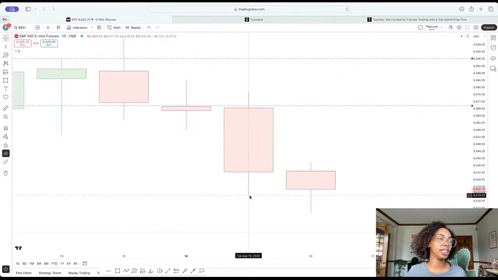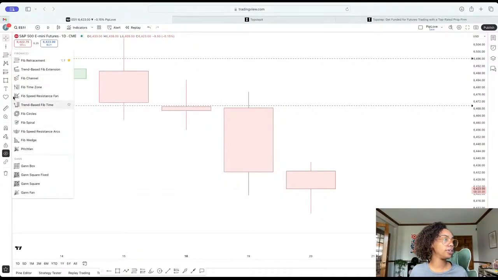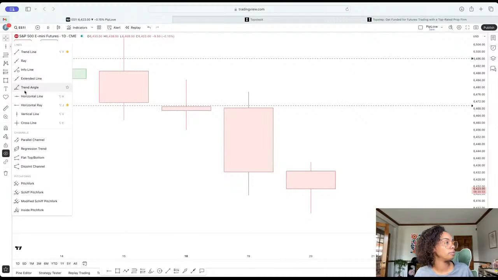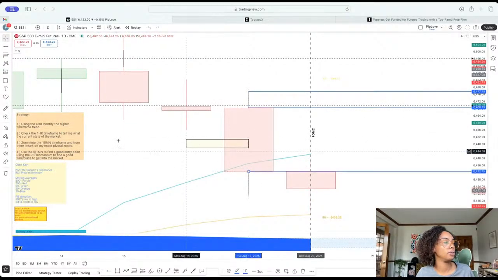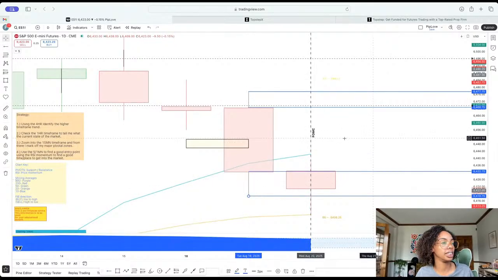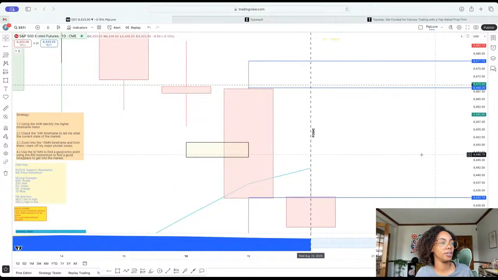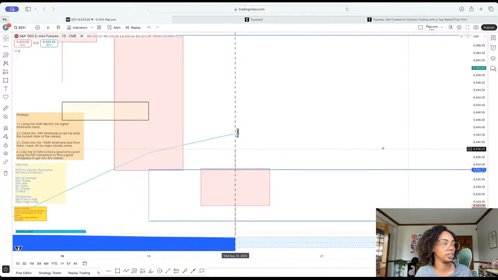So when we're talking about key levels, if you're using the daily time frame, you can come over and put some horizontal rays at these price points, so that when you're in your new daily candle, you have some price points.